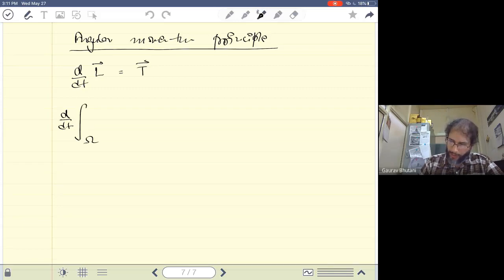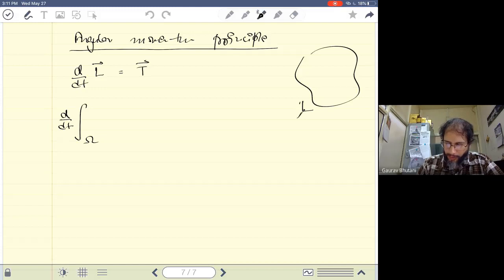So let's draw it here. Let's say you have the origin, you choose some origin from which you define all the coordinates, and then you have body force, or sorry, in this case we're talking about momentum.